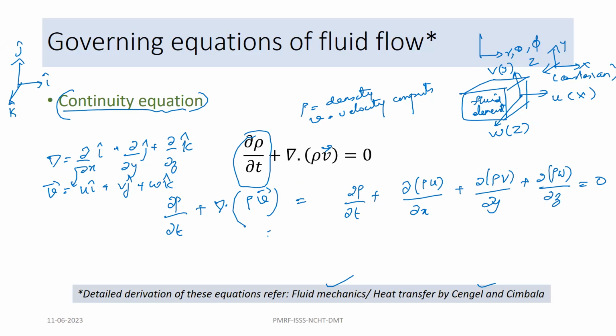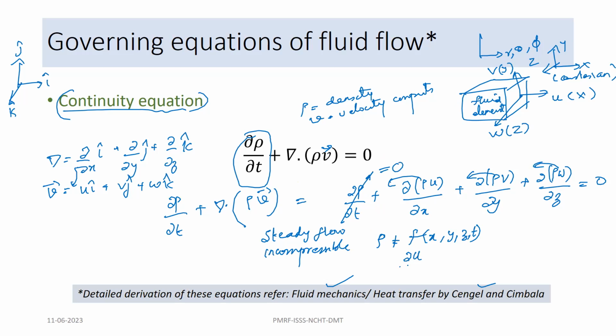If it is a steady flow, as I discussed in the previous session, steady flow means the property is not a function of time, so density won't vary with time. So we can neglect the t term. And if it is an incompressible flow, density is not a function of x, y, z, and previously it was not a function of t, so we can take the density term outside.